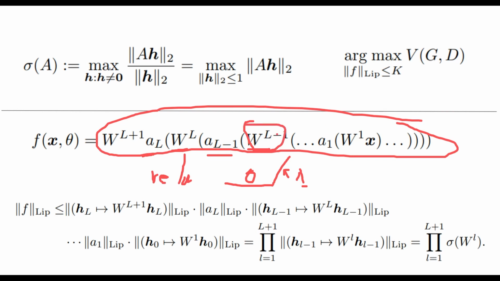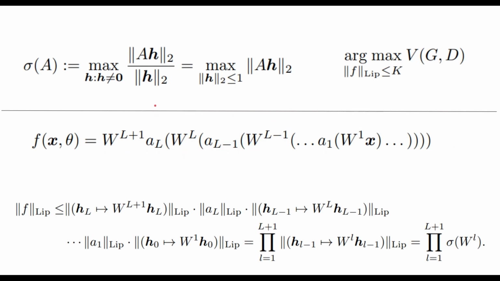If we translate the language of Lipschitz into a matrix and consider it as a linear mapping, a closely related concept is the spectrum of this linear function. The spectrum is defined as the maximum of the length of Ah divided by the length of h. So clearly you can see that this is the constant of the Lipschitz condition for this linear function.